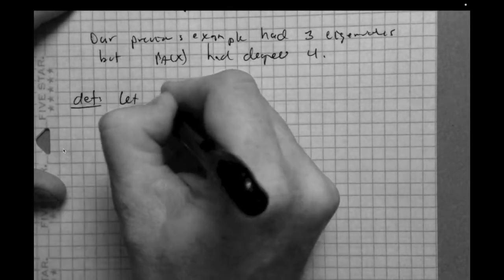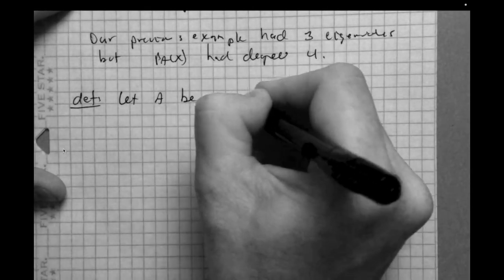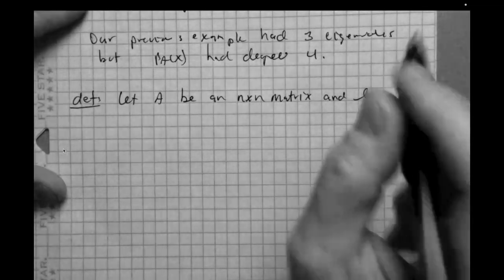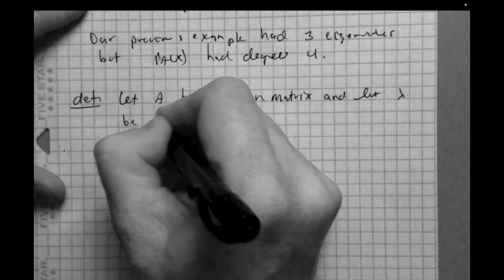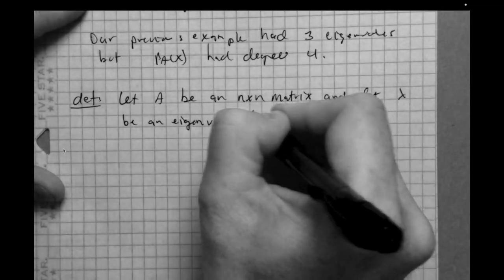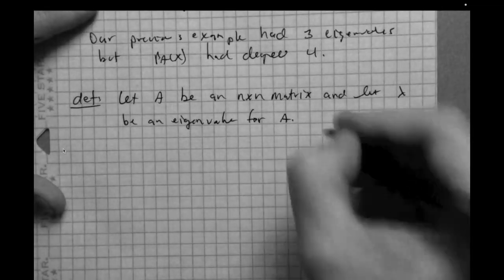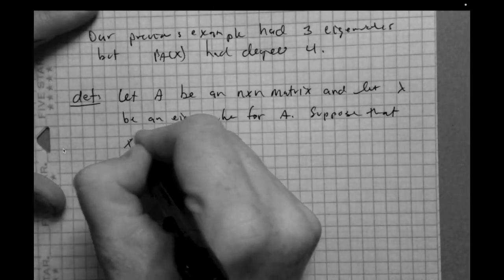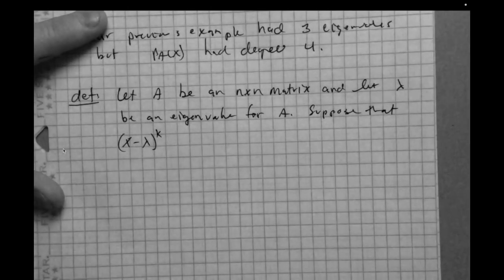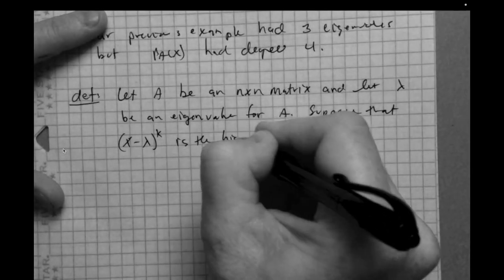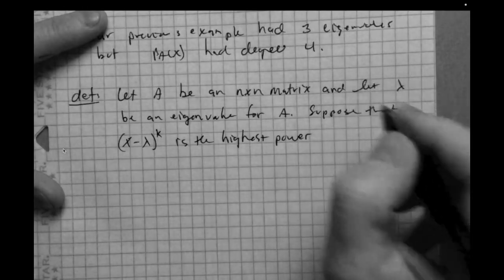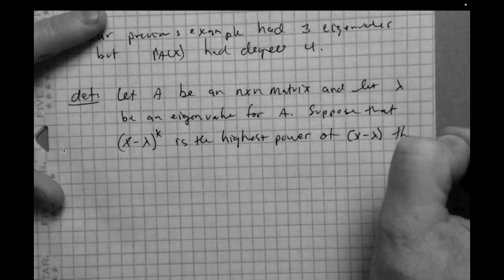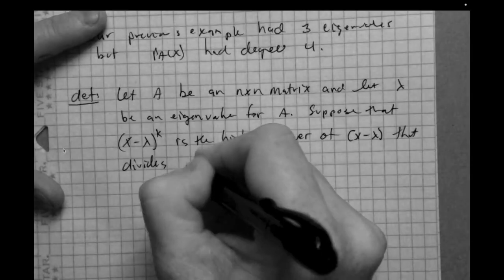So let's let A be an n by n matrix, and let lambda be an eigenvalue for A. Let's suppose that (x minus lambda) to the kth power is the highest power of x minus lambda that divides P_A(x), right?